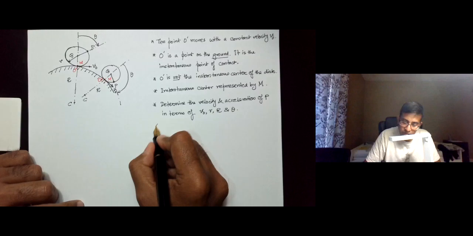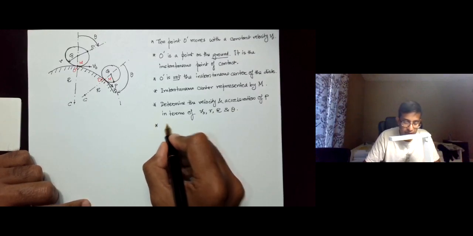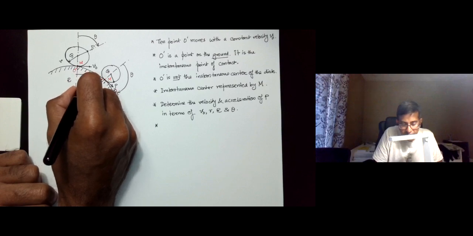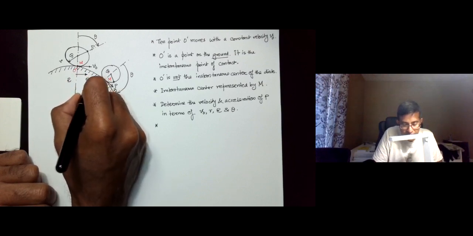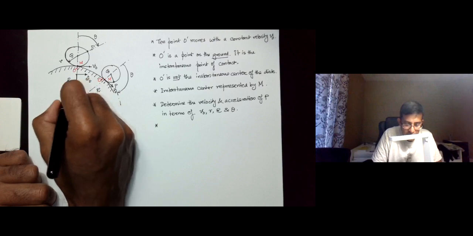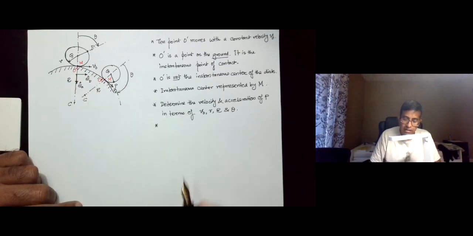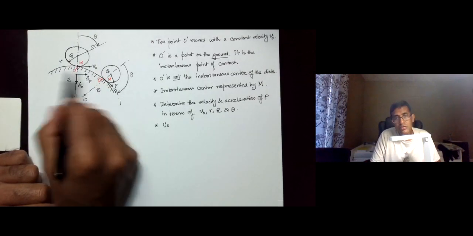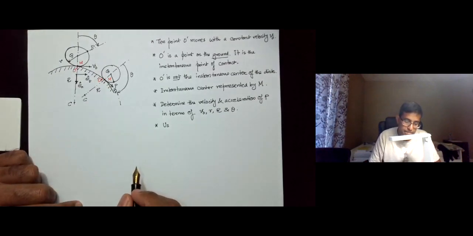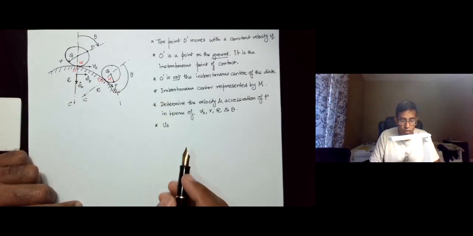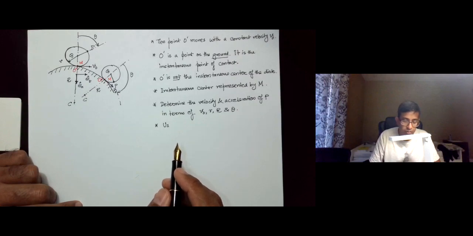By the way, it is also given that there is a set of unit vectors. There is a unit vector ET, and there is another unit vector EN, and ET is tangential to this curve, and EN is normal to this curve.